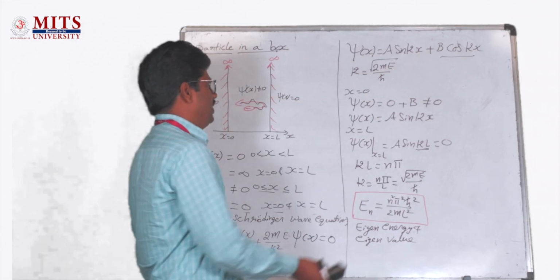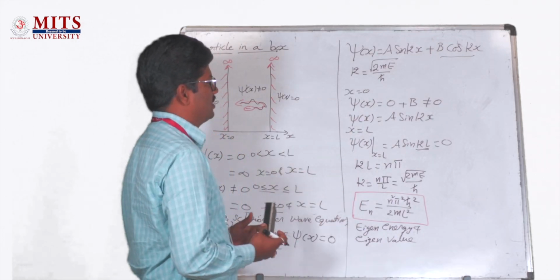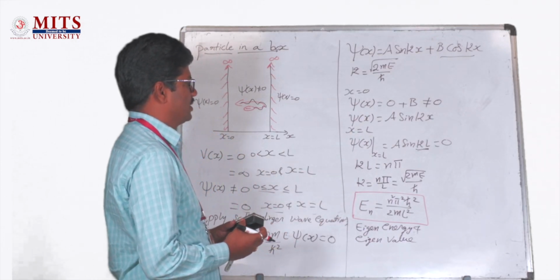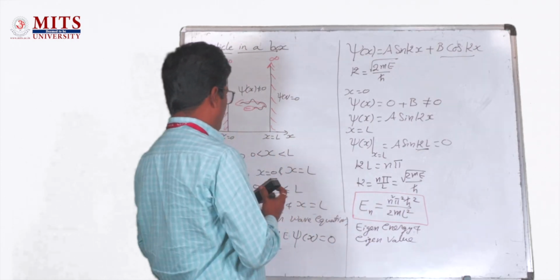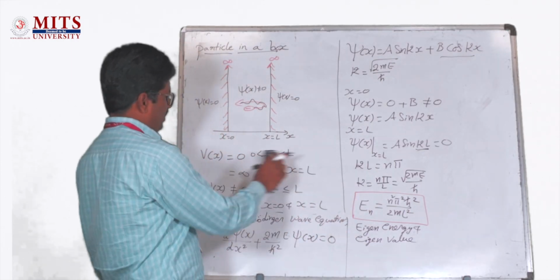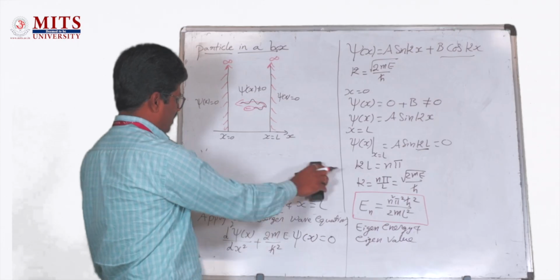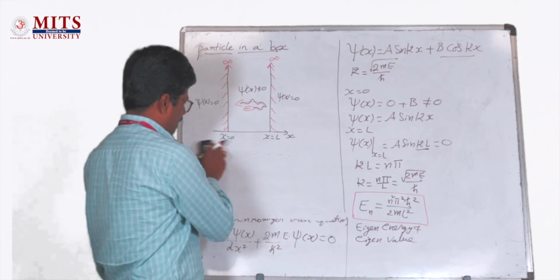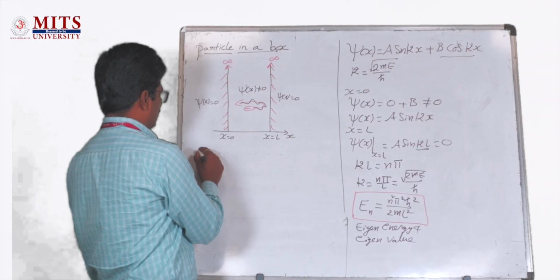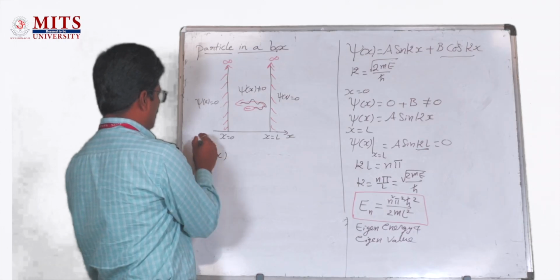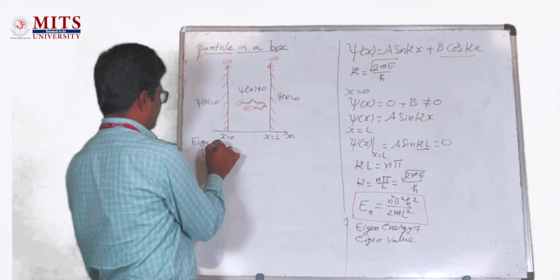So we know the wave function is psi of x is equal to A sine kappa x. Let me just erase the boundary condition here and take the equations. Now let us see what is the eigenfunction.